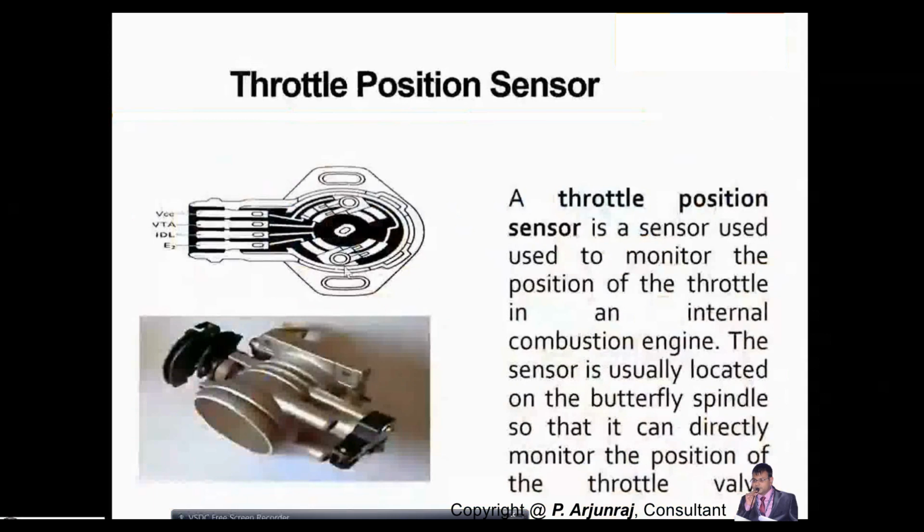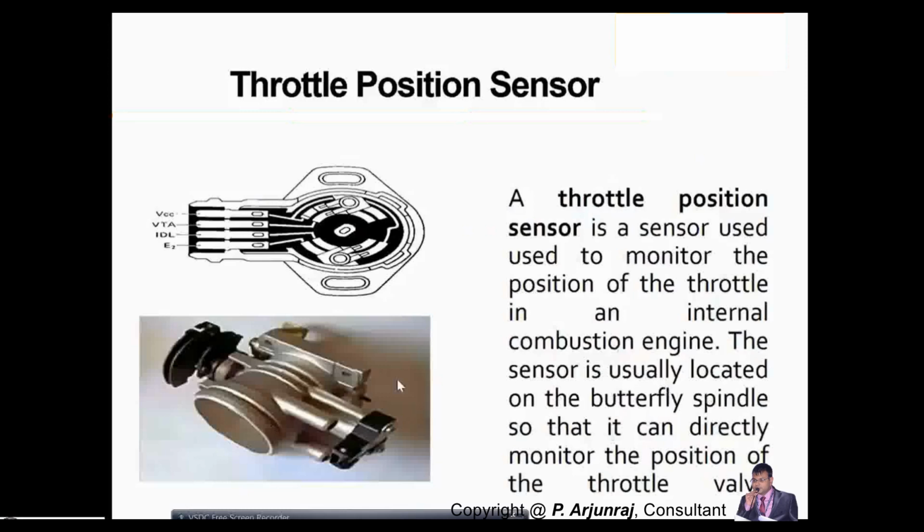This is a very important sensor called the throttle position sensor, because the throttle body is the one through which the air enters, and air is required for both IC engines, gasoline and also diesel. This throttle position sensor is used to monitor the position of your throttle, and it is usually located on the spindle, so that it can directly monitor the position of the throttle valve.